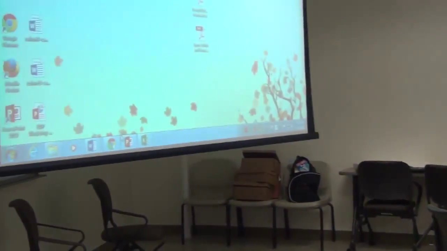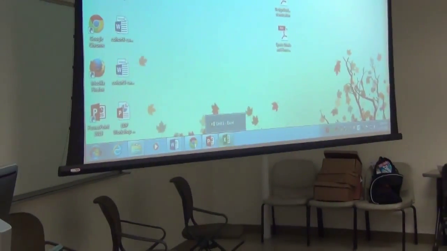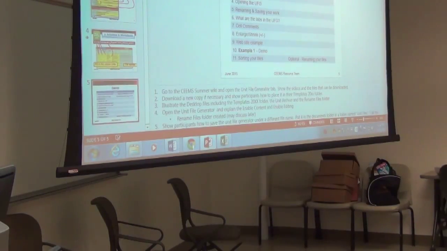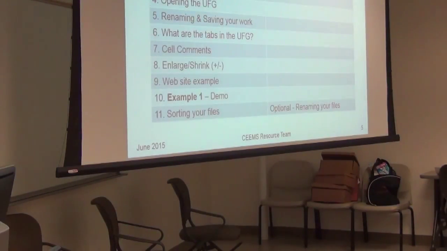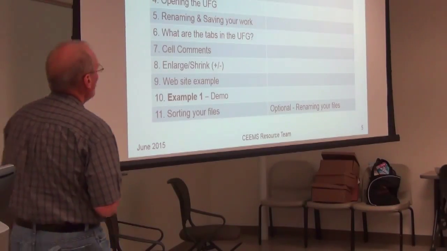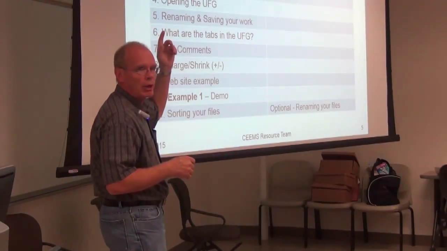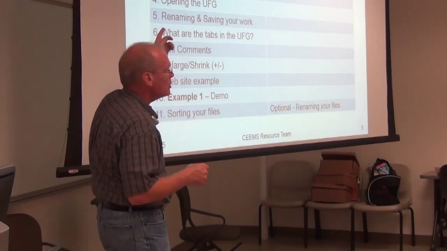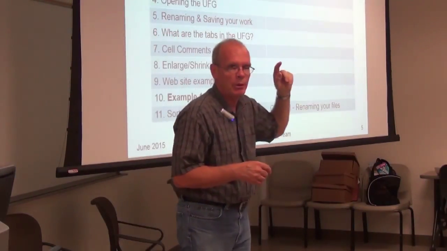Let me go back to the list I made of things that I wanted to cover, and you guys are in pretty good shape, I'd say. So I just want to review. Do you know where the unit file generator is located on the wiki? Do you know how to download a new copy of it? Do you know what files are on your desktop?